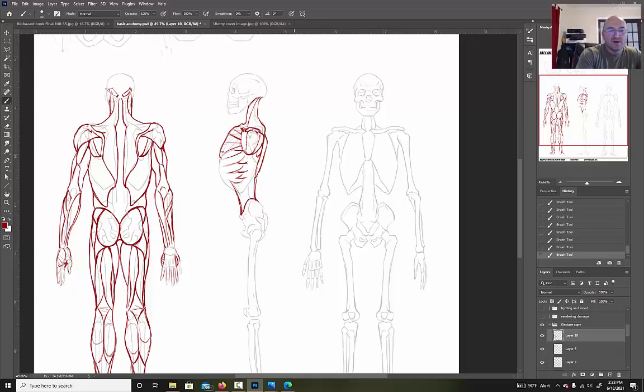Now, sitting over top of the very top of the rib cage, and then working its way down to the pubic bone, you have abdominis erectus, your abdominal muscles, and your lateral oblique.